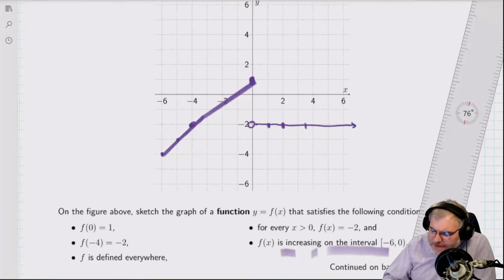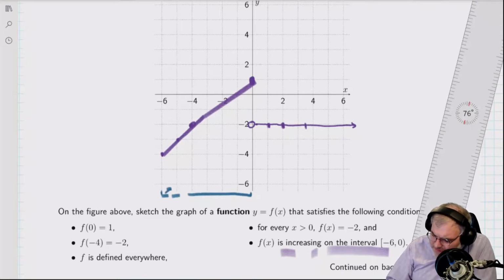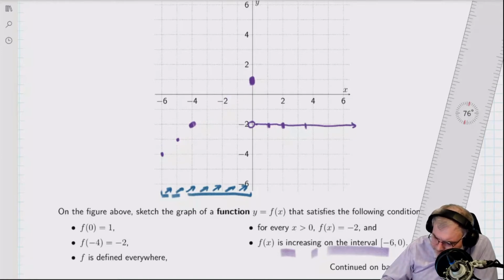And because this is a condition here, I might go from negative 6 to 0 and just note for myself that it needs to be increasing in this direction.